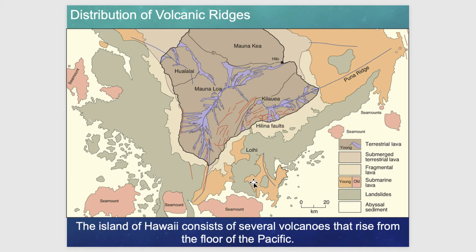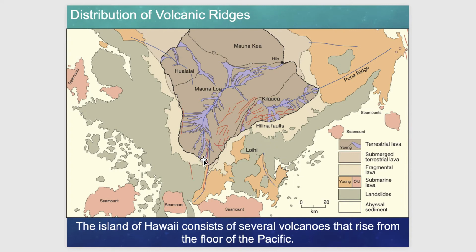On the flanks of these large shield volcanoes, you will find slumps forming, so landslides, and then you have the abyssal plains. So lots of activity also around, with a number of seamounts that include the Lohihi that has already started to produce a significant amount of relatively young lavas in submarine conditions.